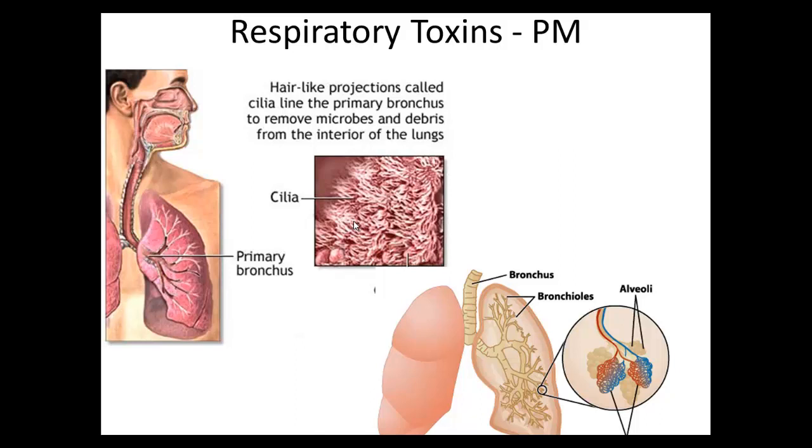The problem with the fine particles, they can actually get down and get stuck. They can go past the cilia and get all the way down and get stuck in the end points of your lung called the alveoli. And this is where all your gas exchange occurs. So you breathe in oxygen, breathe out carbon dioxide. So those fine particles get stuck down there, and there's nothing to push them back out. You don't have cilia down there.